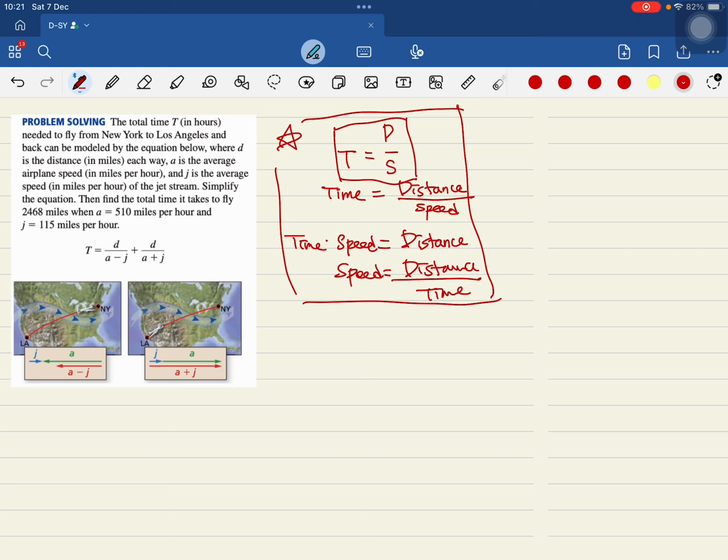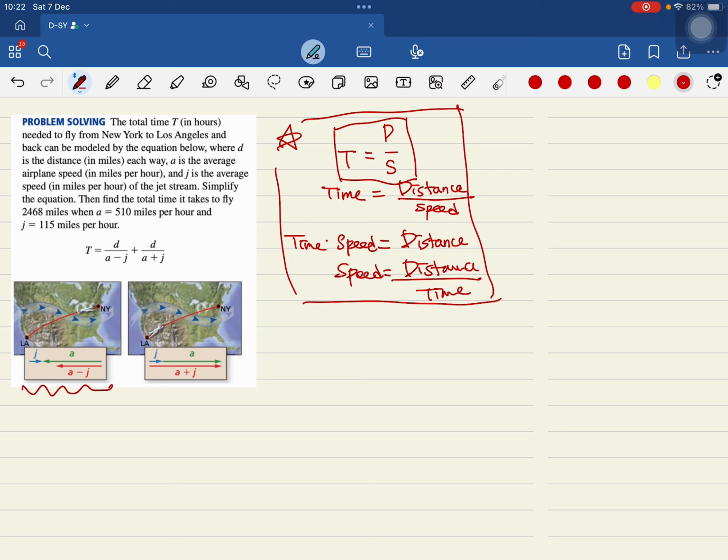In that case, we can add the speeds together, A plus J. But on the way back, the jet stream is disturbing the movement of the airplane, so the speed is subtracted by the jet stream speed. That's why it's A minus J. So this is the explanation of the situation.